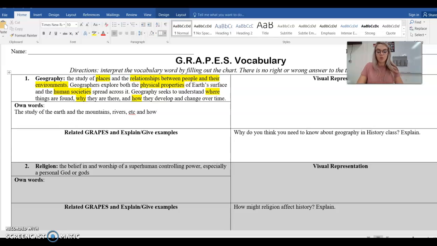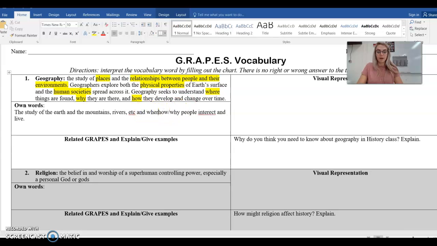And how, why, people interact and live. So actually I want to put where, how, why people interact and live.